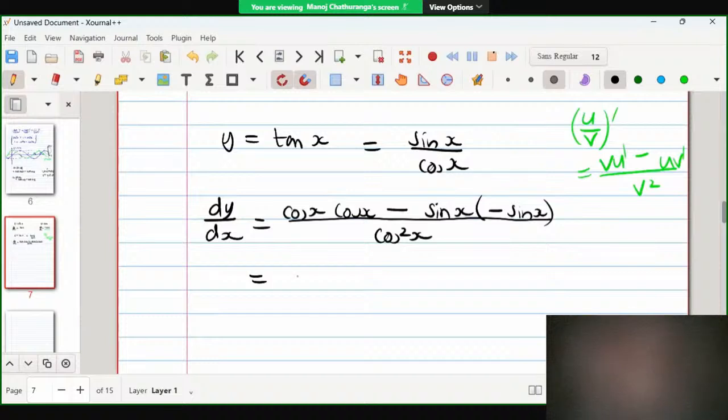So this is cosine square x plus sine square x, divided by cosine square. Cosine square plus sine square is 1. 1 divided by cosine is secant. So secant square x. The derivative of tan is secant square.